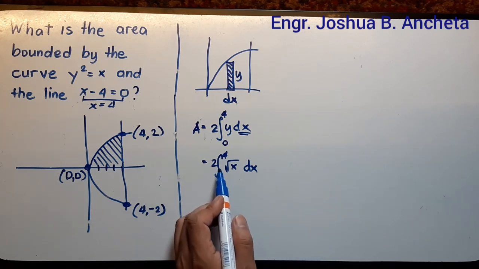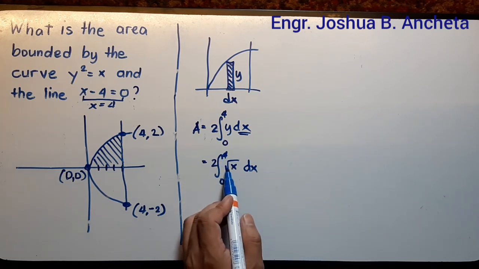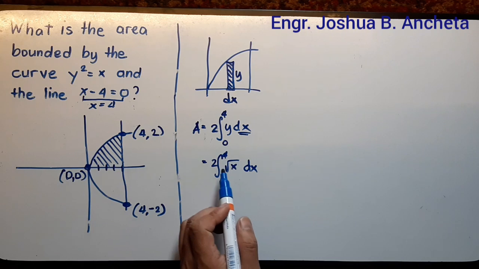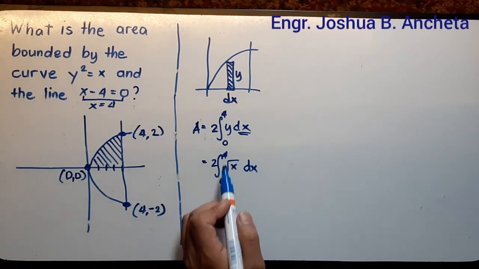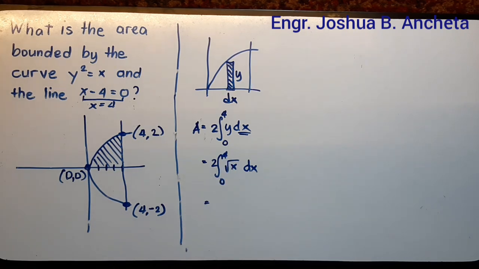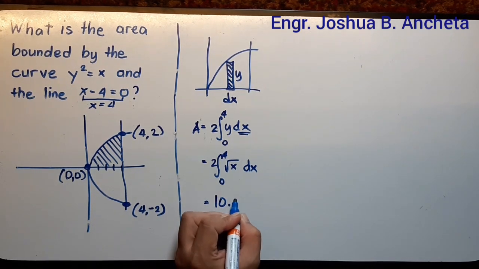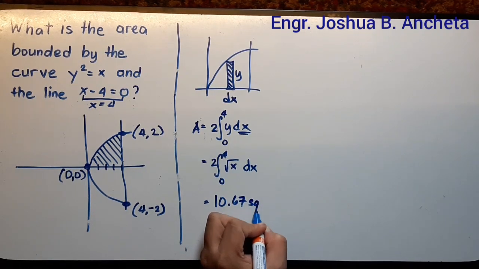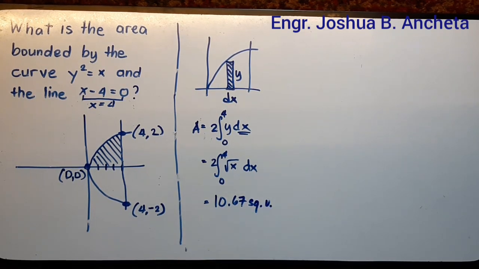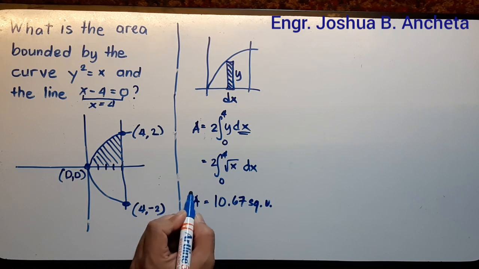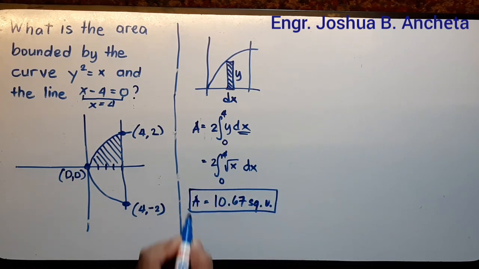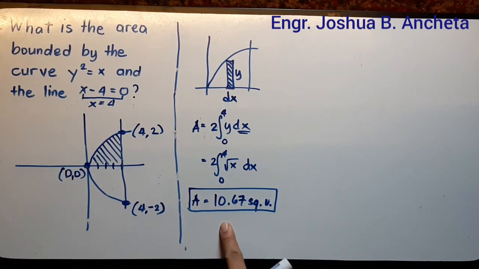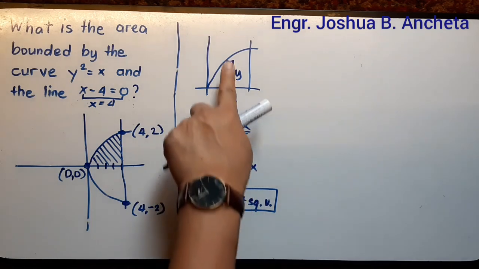You can input 2 integral of square root of x, then put limits 0 to 4. Using your calculator, it will give 10.67. And this is an area, so the unit should be square unit. So this is the answer using vertical strip.